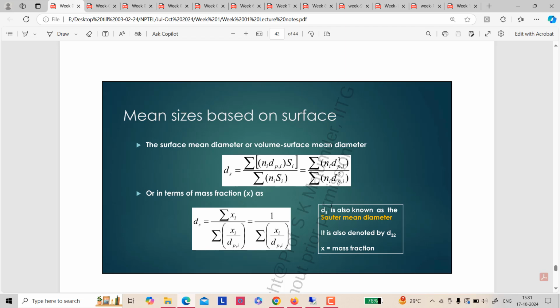Then comes the mean size based on the surface, called the Sauter mean diameter, whose expression is ds equals 1 by the sum of xi by dpi. dpi is the average diameter of that size, and xi is the fraction of that particular size range present in the mixture.